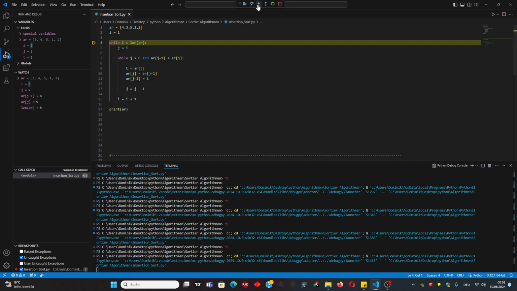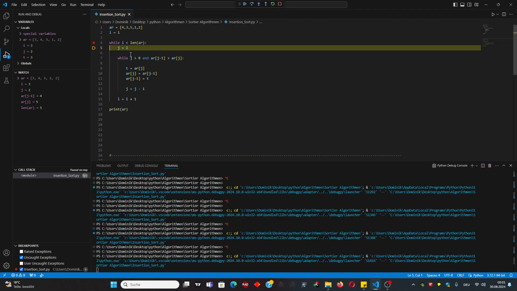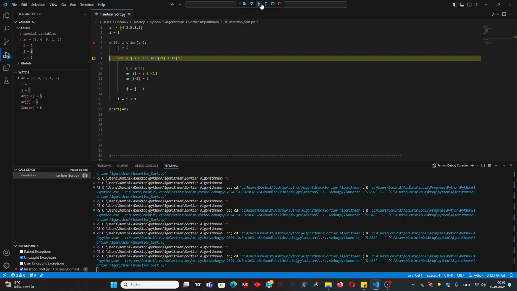So that means we keep executing, and J is getting the value of I. J is 3, and here we can see already J is holding a higher value than 0, and that means we can go to the next comparison.